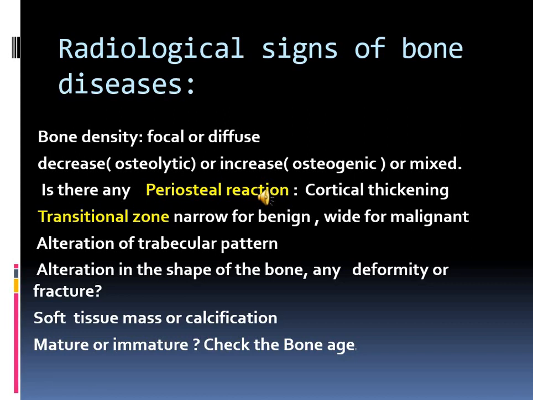You should also check the trabeculation of the bone, which means the bony component or the bone matrix, and the shape of the bone, any deformity, any associated fracture line, and also the associated condition of the soft tissue surrounding the bone, because sometimes we can detect soft tissue swelling or calcification or soft tissue mass. And as we know, the age of the patient is very important, so we should check if the epiphysis is fused or not to know if the skeleton is mature or immature.